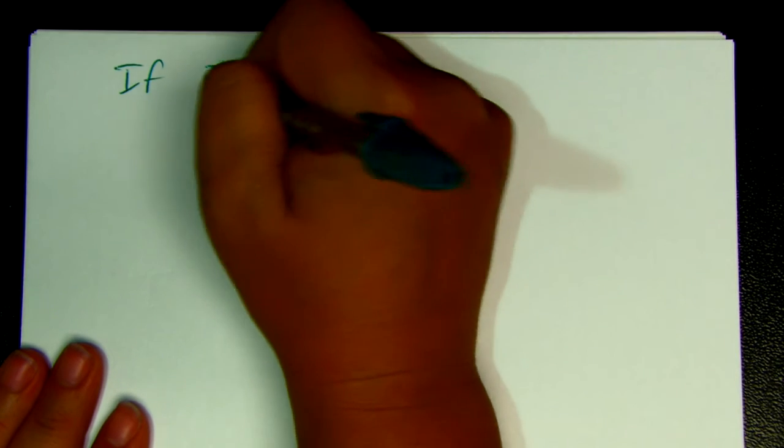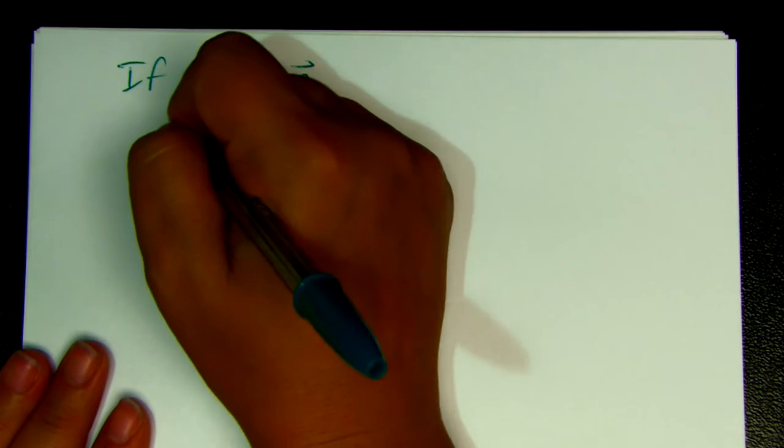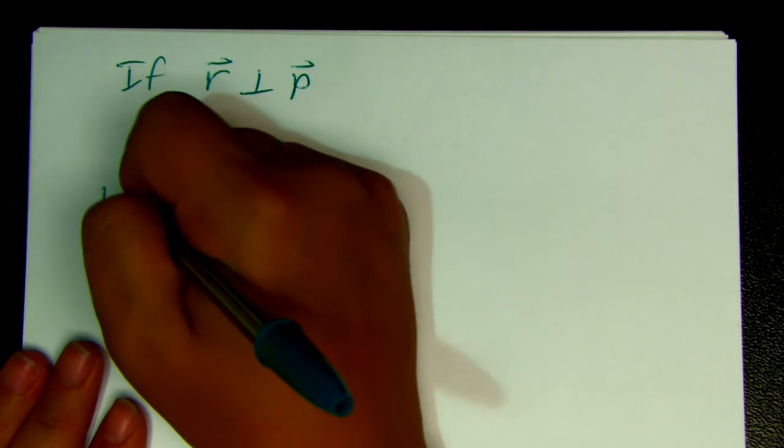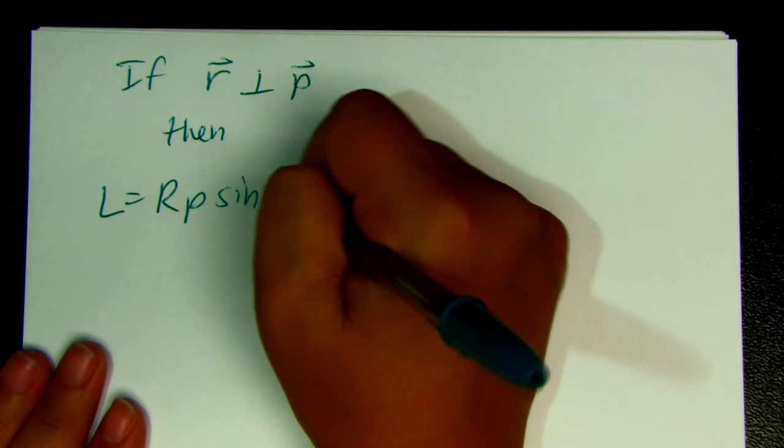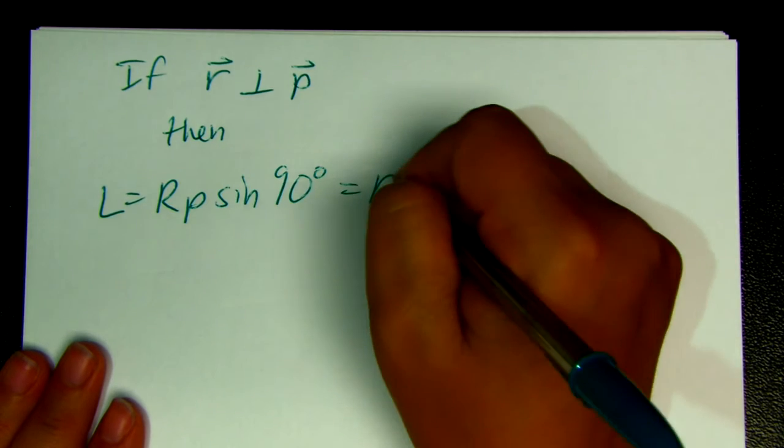And in the case where r is perpendicular to p, in other words, a perfect circle, then L is equal to r p sine 90, which reduces to r m v.